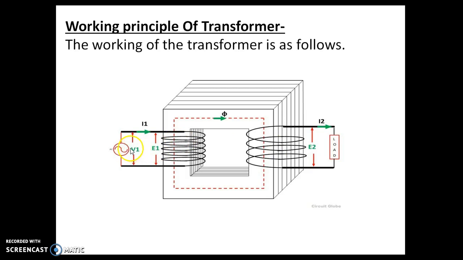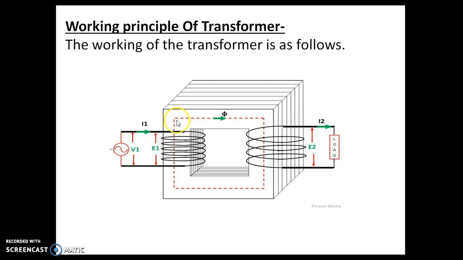This is the supply given, the alternating voltage V1, for which the alternating current I1 starts to flow in the primary winding, due to which an alternating magnetic field is created here, and by Faraday's law of electromagnetic induction, an EMF is induced, that is E1 equals minus N1 dφ/dt.